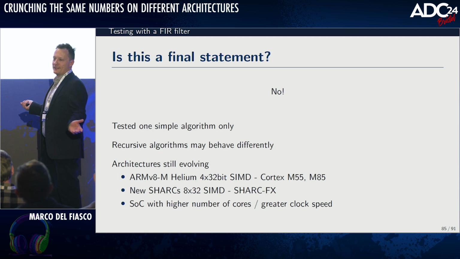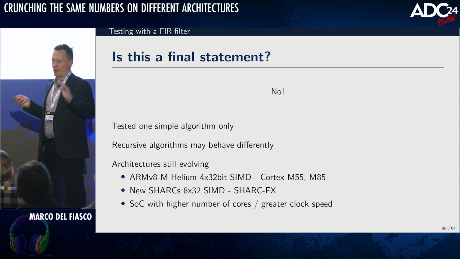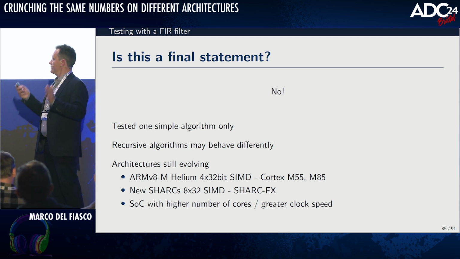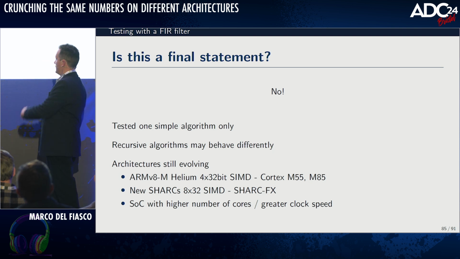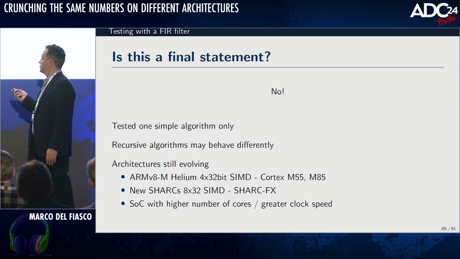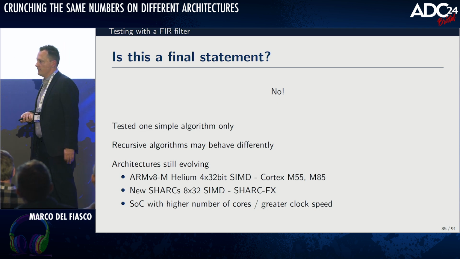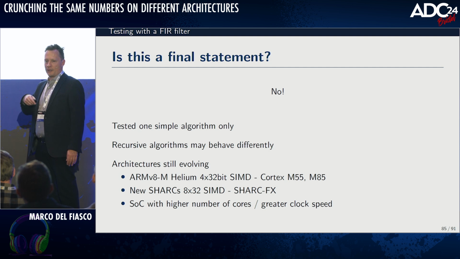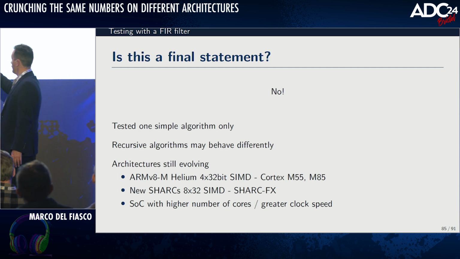Is this the final statement on the 3 architectures? Of course, no, because I tested only one simple algorithm. Recursive algorithms may behave differently because of the pipeline length, and the architectures are still evolving. So ARM has introduced Helium, which has, even on Cortex-M, so low-power microcontrollers, a vector of 4.